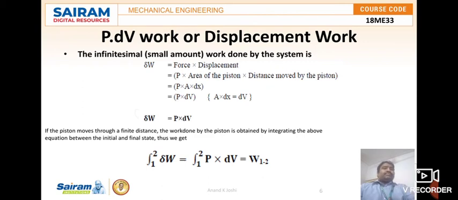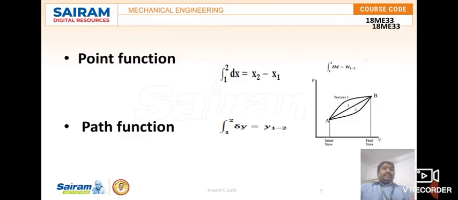Next, a very important concept is point functions. What is meant by point functions? A point function is one where we can find the value of the properties at any instant, for example pressure, volume, temperature, entropy.